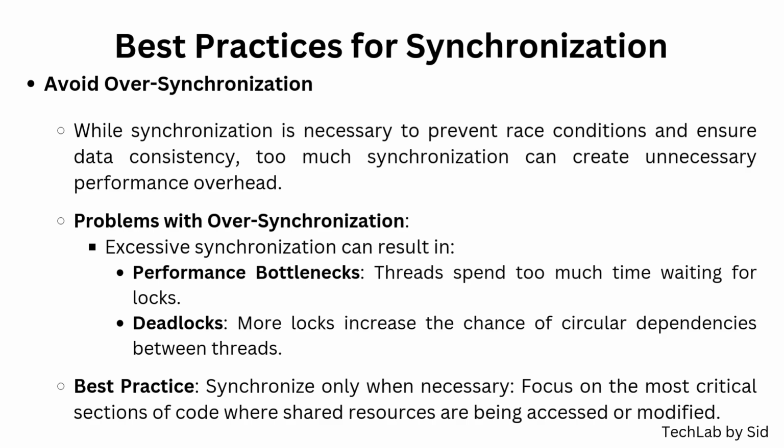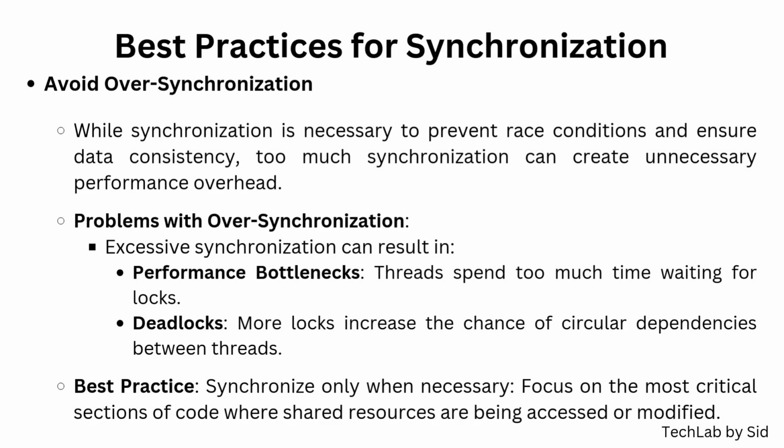While synchronization is crucial for preventing race conditions and ensuring data consistency, over-synchronization can cause unnecessary performance overhead. When too much synchronization is used, it can lead to performance bottlenecks as threads spend too much time waiting for locks.